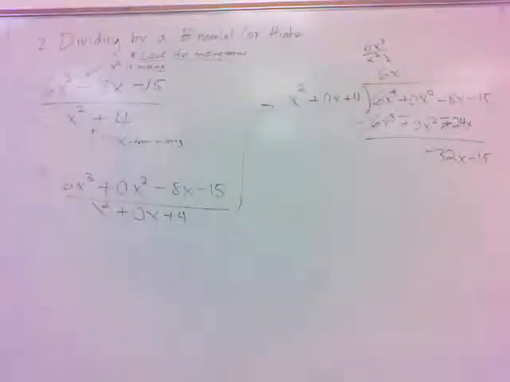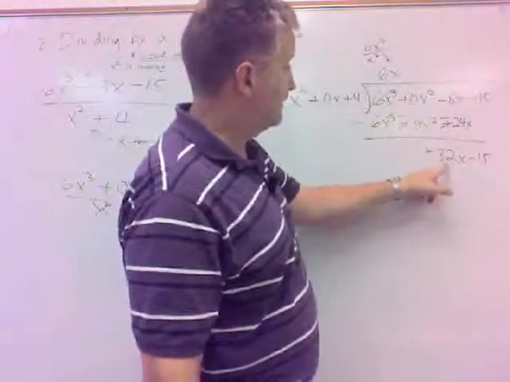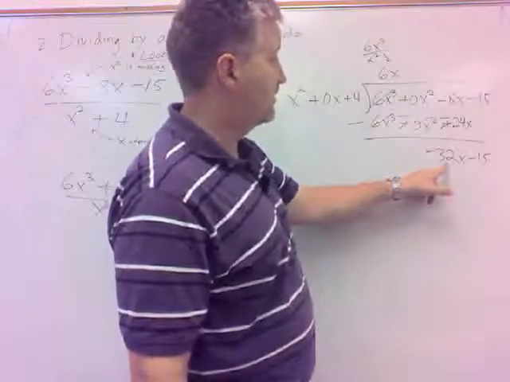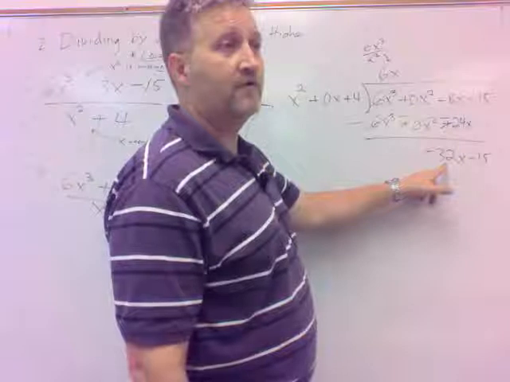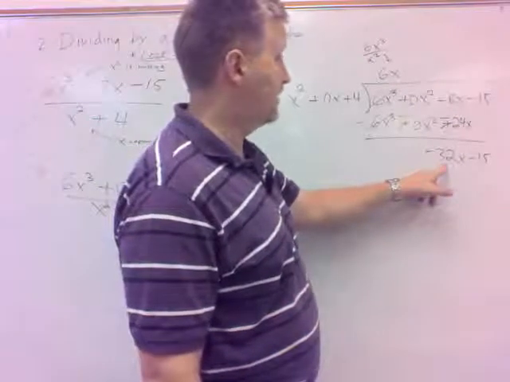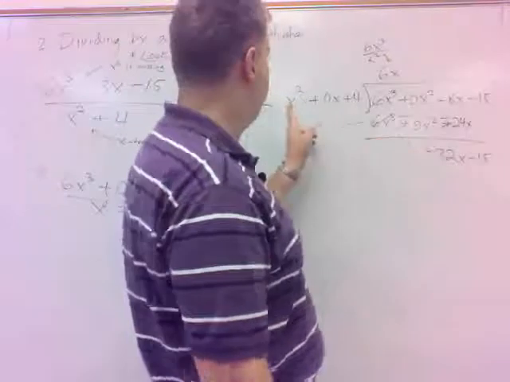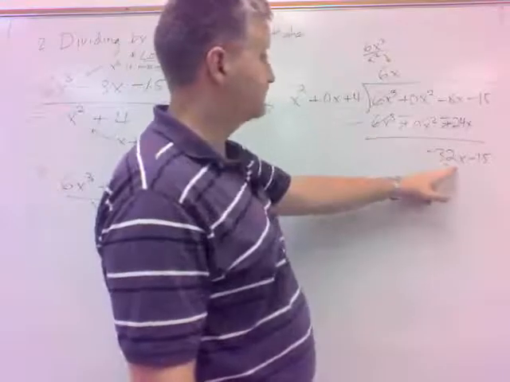A short long division. Because, do you see, I can't go anywhere else with this? Why not? Well, because I'm dividing x squared, dividing it by 32x. Yeah, it's already a smaller power than what I had here in my divisor. So I can't divide this into that. So I'm done.